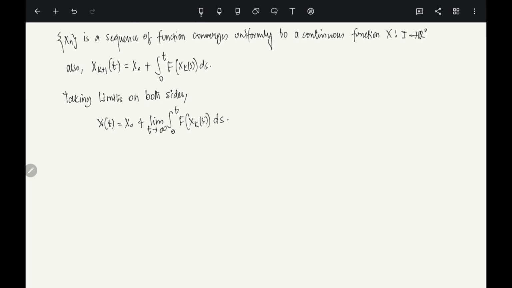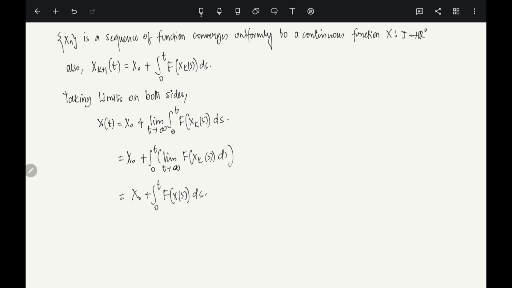Clear? Yes, I can take the limit inside because of the uniform convergence, and then I have x naught plus the integral from 0 to t of the limit of f of x_k(s) ds, right? Now see, f is a continuous function, it is continuously differentiable, so I can take the limit inside. So I can say this is the integral from 0 to t of f of x(s) ds.